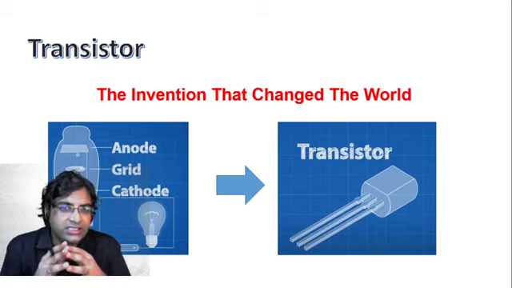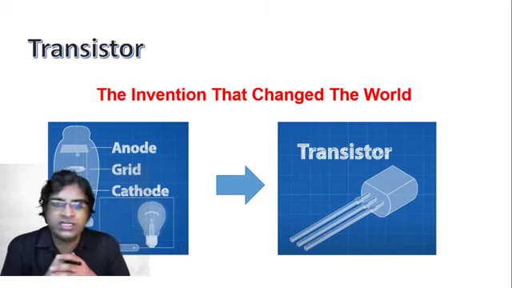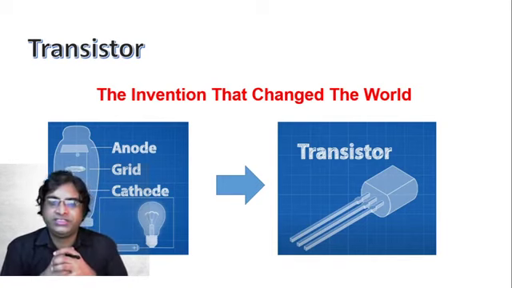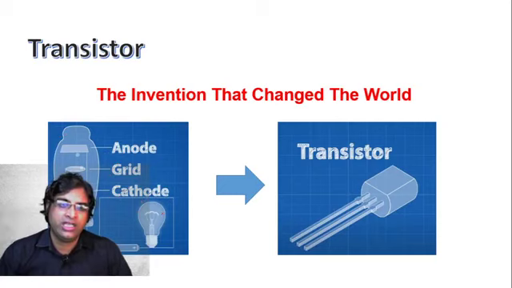Transistor is basically the transfer resistor concept. First we go for the inventions that changed the world. You see the concept of anode, grid, and cathode, and from there the triode concept.